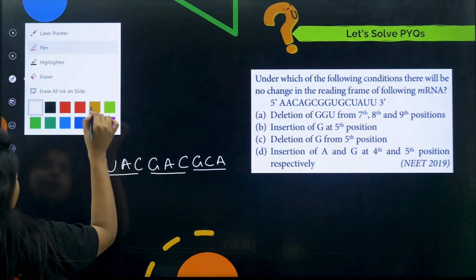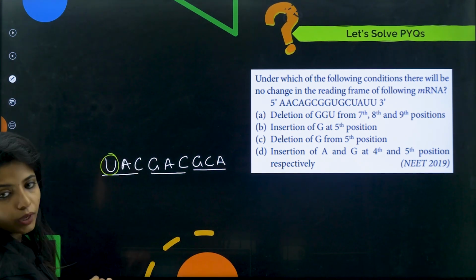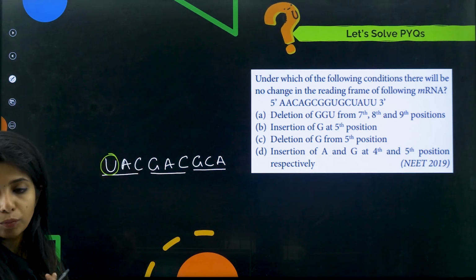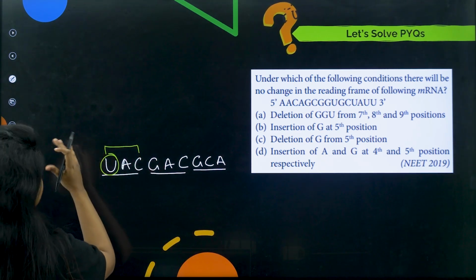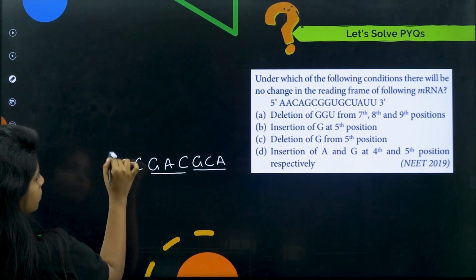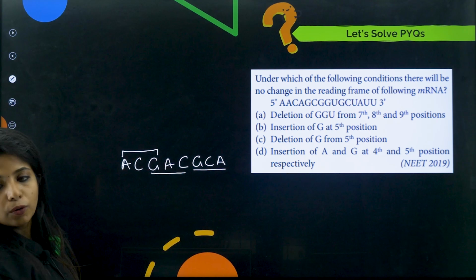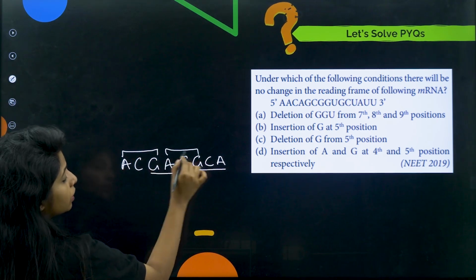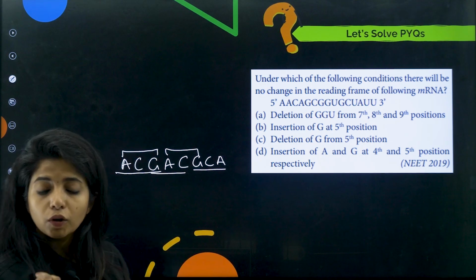From here, if I am deleting one, there is a frame shift mutation, as in the frame was initially this, but now since I have deleted this, what will happen? This will be the 3 codon, this will be another 3 codon. So the whole codon has changed. That means the amino acid which was being formed is also changing.